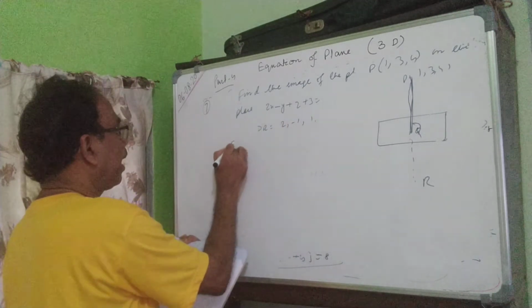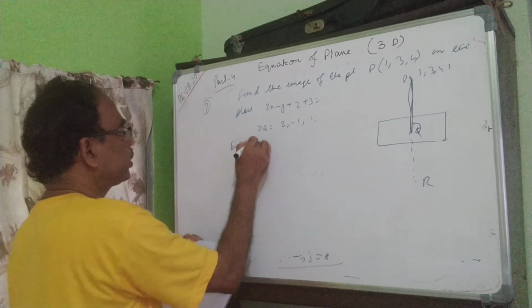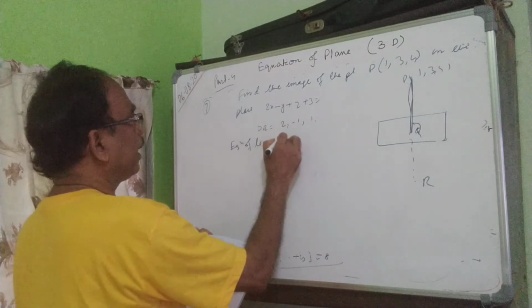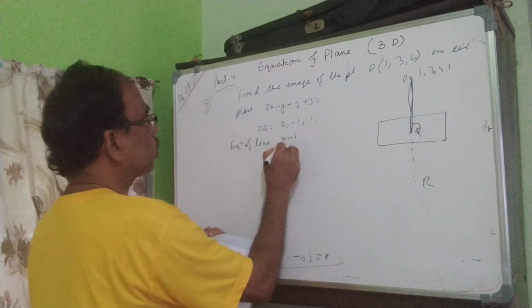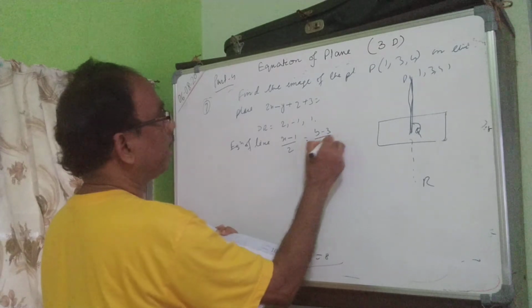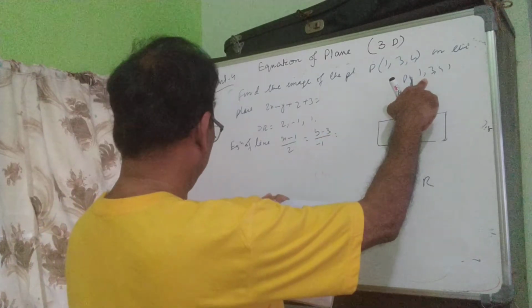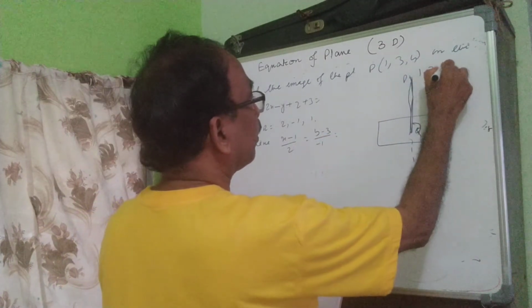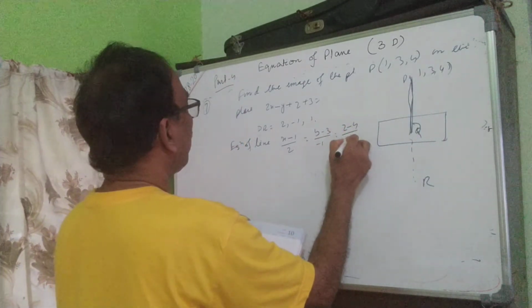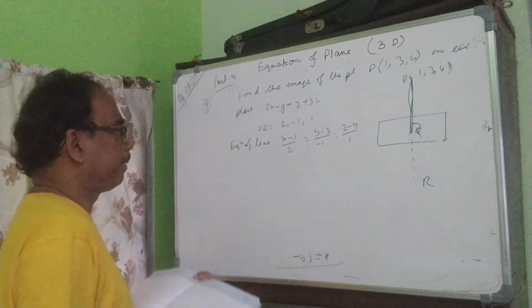The equation of the line through (1, 3, 4): (x - 1)/2 = (y - 3)/(-1) = (z - 4)/1. That is the equation of the line.